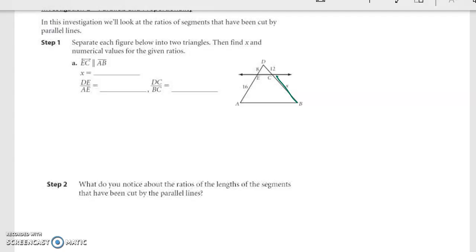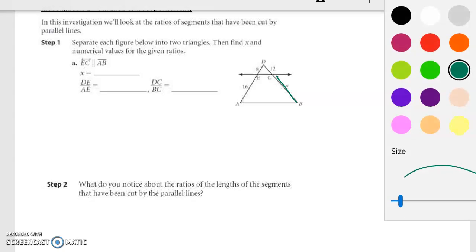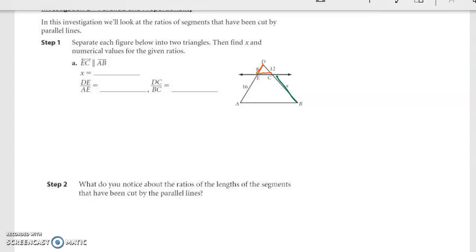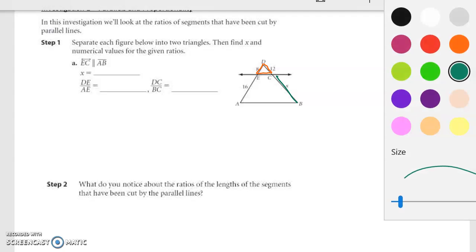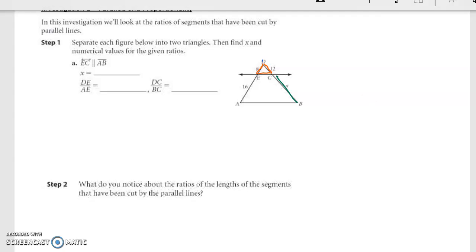To do that, the only thing we can do right now is to see that this triangle DEC is similar to this triangle DAB. Again, just like in the warm-up, we have a parallel line that gives us corresponding angles that are congruent, which is then going to give us similar triangles.